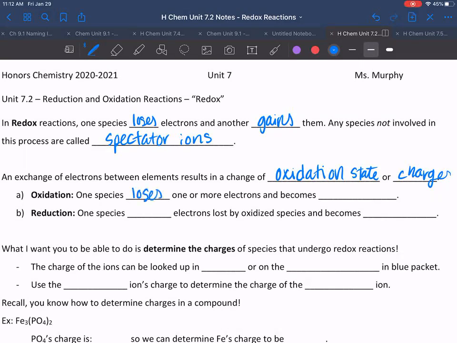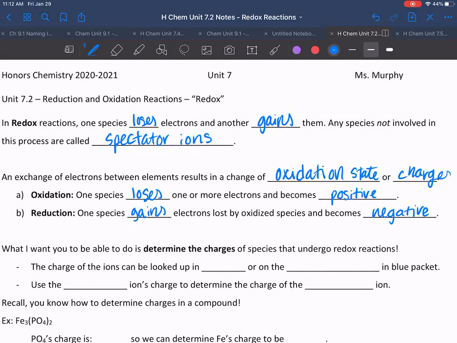One species loses one or more electrons, and if you're losing a negative charge, it becomes positive. Then reduction is when you gain electrons, and therefore you're gaining that negative charge, becoming more negative. So you can think of reduction as the charge getting reduced.